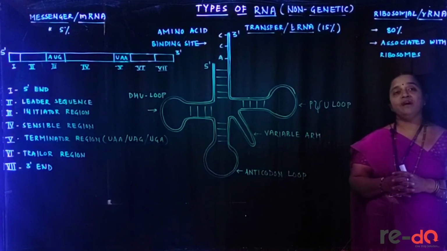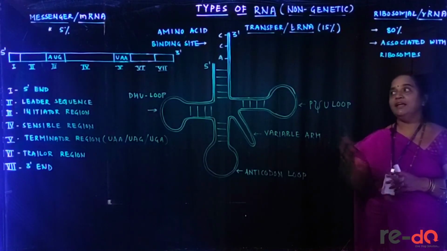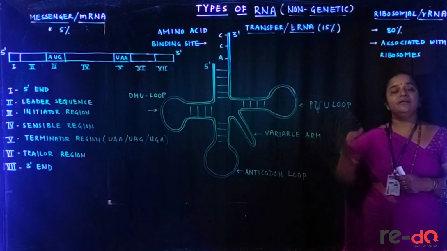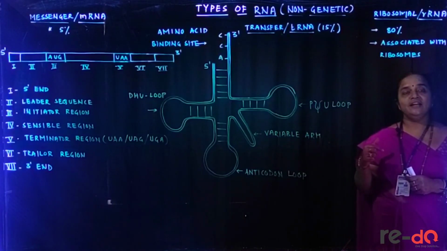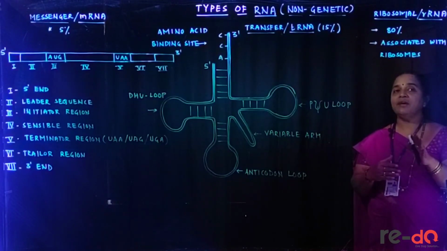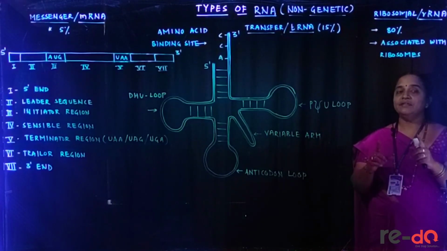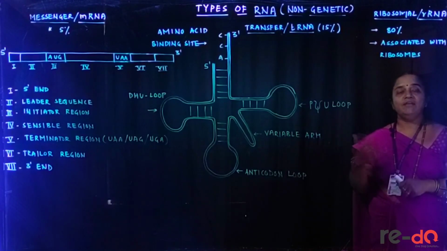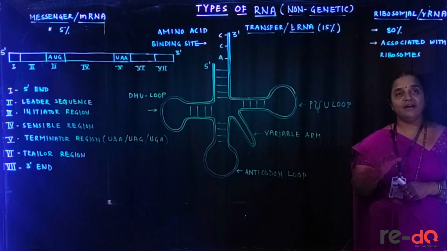Now what is the duty of rRNA? As they form the ribosome, they will receive the required messenger RNA, decode the triplets one by one, allow loaded tRNA with amino acid, and help the polymerization of amino acids by developing peptide or amide bonds. This is the function of rRNA.